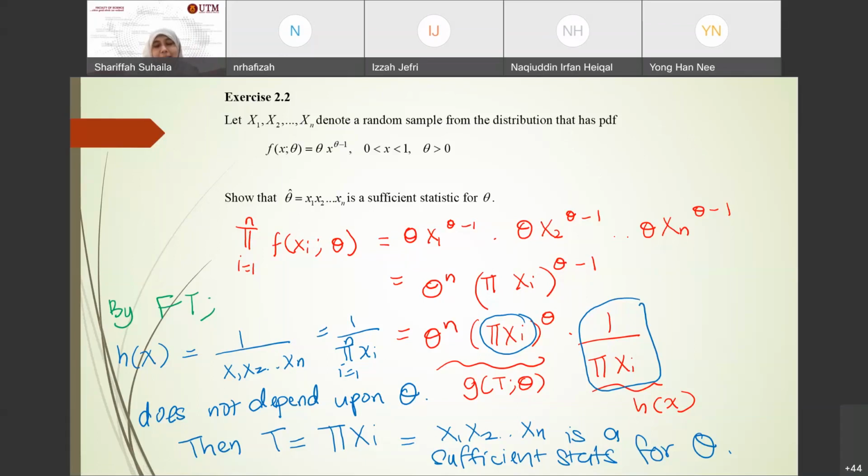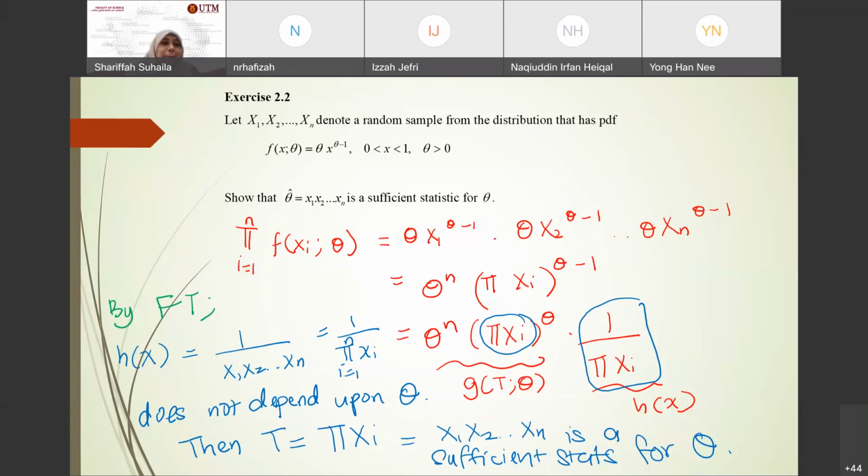The first part has theta, the second part does not depend on theta. But the first part that depends on theta must be in the form of a function of x, with x1, x2, up to xn. It can be a product, or it can be a summation of xi, or summation of xi squared, depending on your density function, your probability density function. We just apply the factorization theorem.